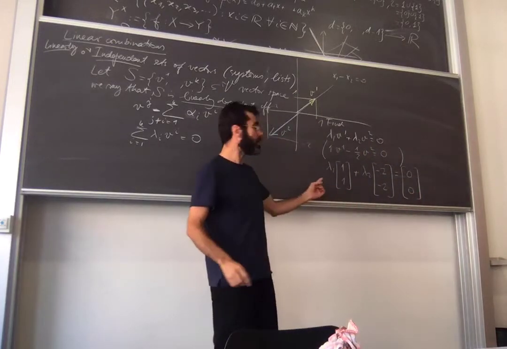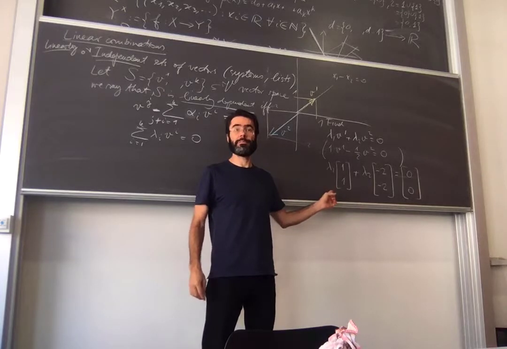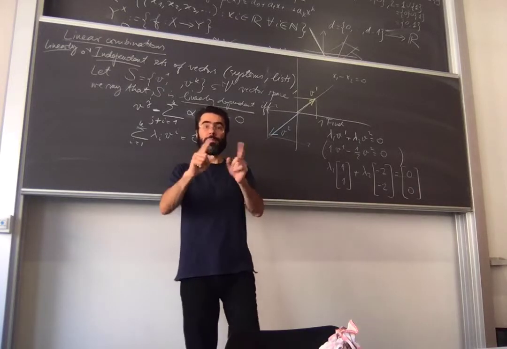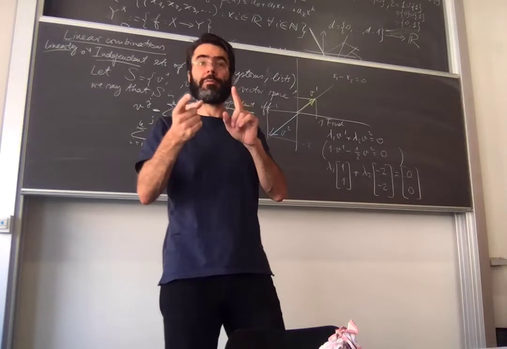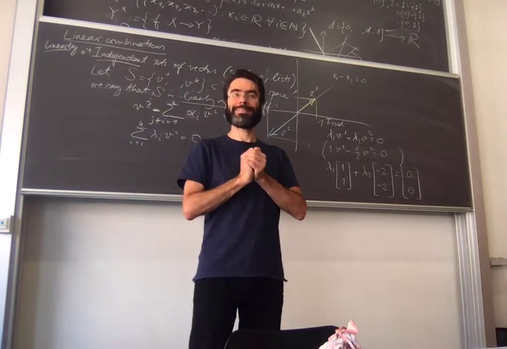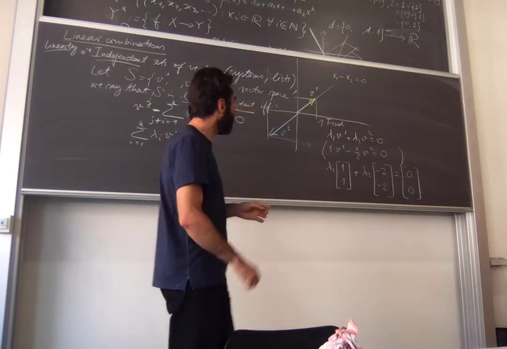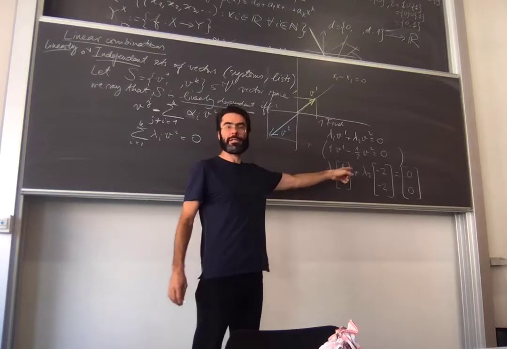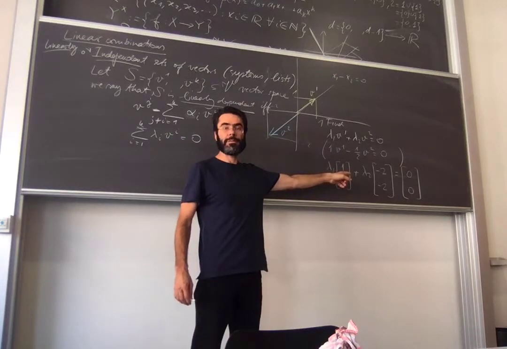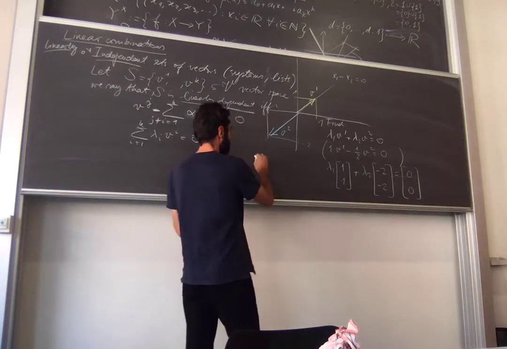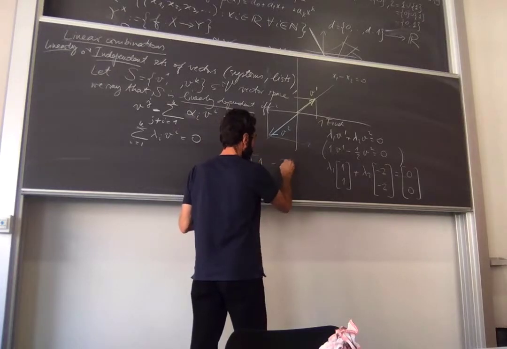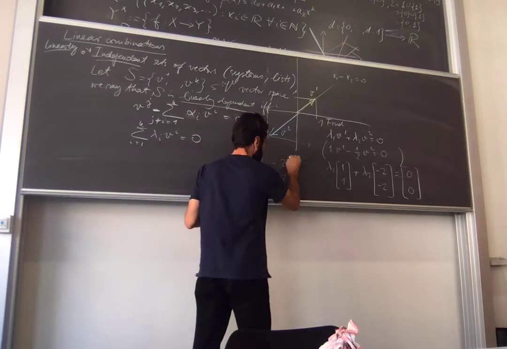So basically what you're doing is setting up a linear system. This is the connection between solving linear equations and subspaces. Of course, if you solve this linear system, it's the same thing as using the matrix with columns 1, 1 and minus 2, minus 2 applied.